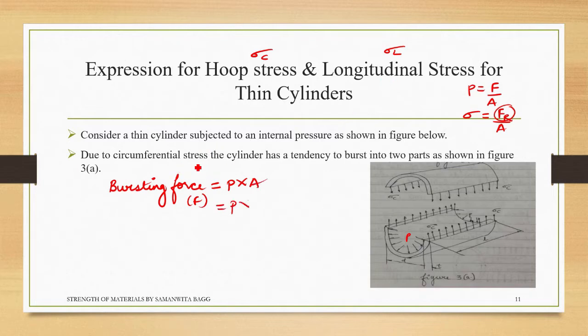Now let the pressure be P itself. When I have to talk about the area on which this pressure is exerted, it is going to be this diameter D, and it is over the entire length, that is the body is breaking. So this will be D into L, PdL. Now let's talk about the resisting force.